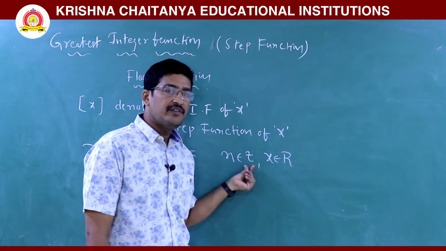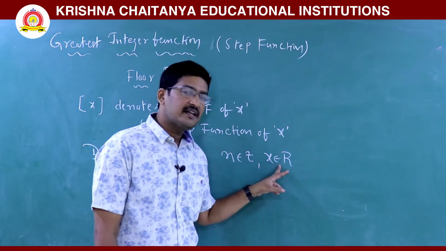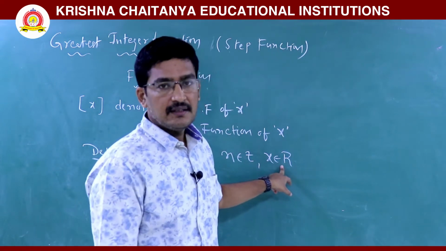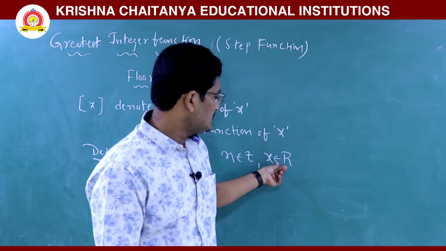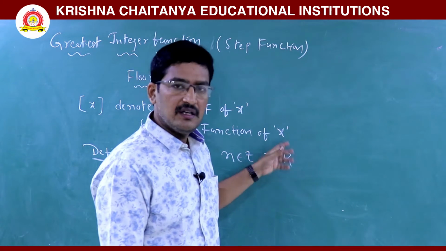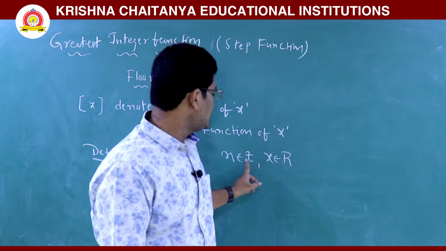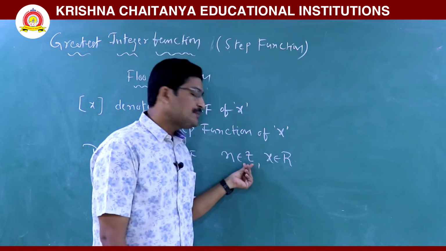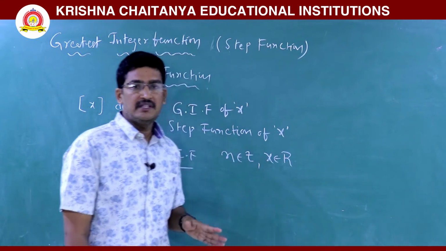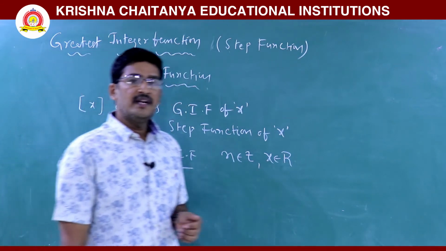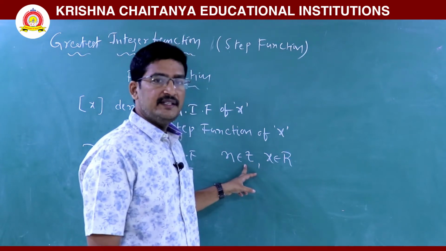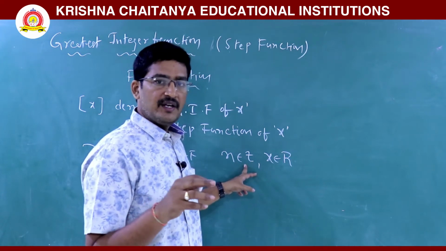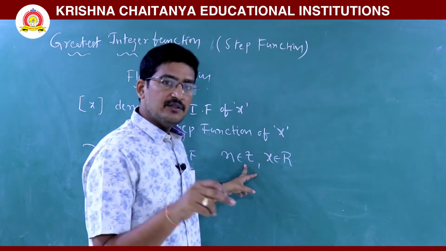Integers are nothing but round figures, you know. A real number contains all: irrational, rational, decimal values, all. But an integer represents only round figures: 2, 3, 4, 5, 6. What is the integer after 2? 3. What is the integer after 3? 4. What is the integer after 0? 1. What is the integer after minus 1? 0.